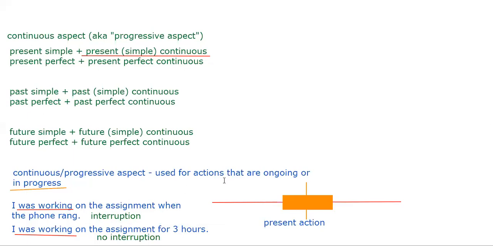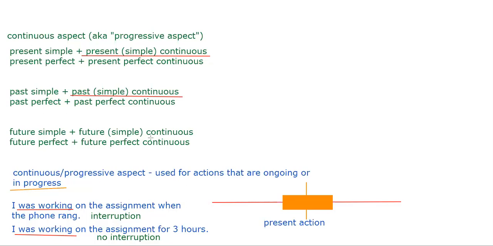So that's the difference between the two. And that's really, I'm sorry, I keep repeating myself, that's really the past simple continuous, which is like the present simple continuous, but it's in the past instead.